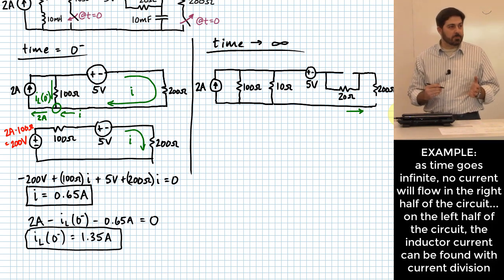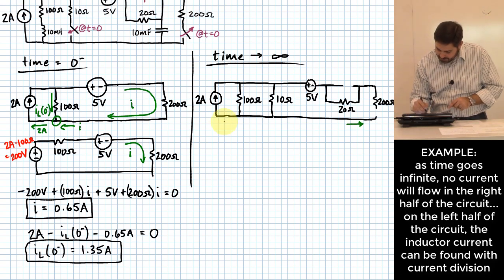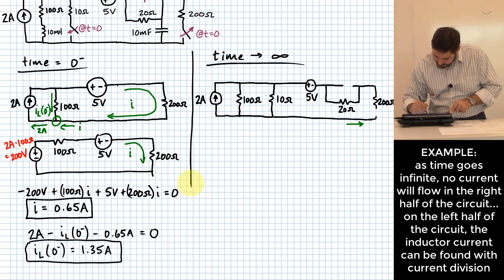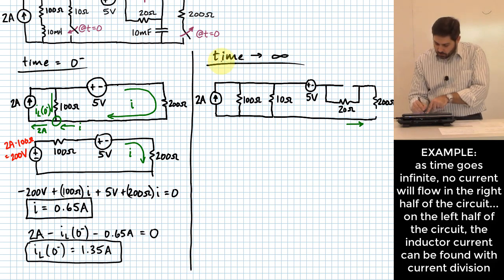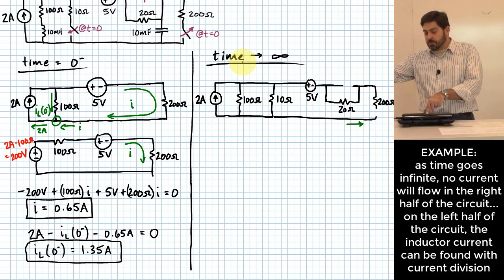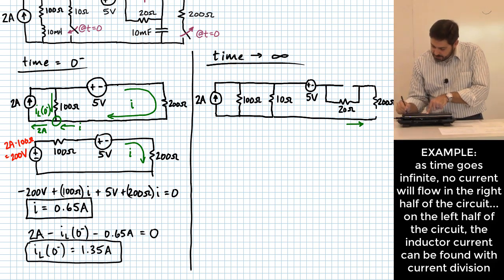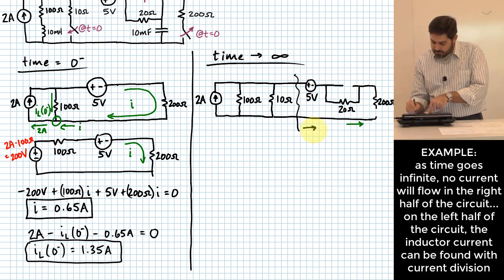Okay, same type of approach, but now the circuit's a little bit different. So let me flip over to the other diagram. When we let time go to infinity, we're trying to figure out what this new steady state is. Does it matter that I've got all this junk over here to the right?